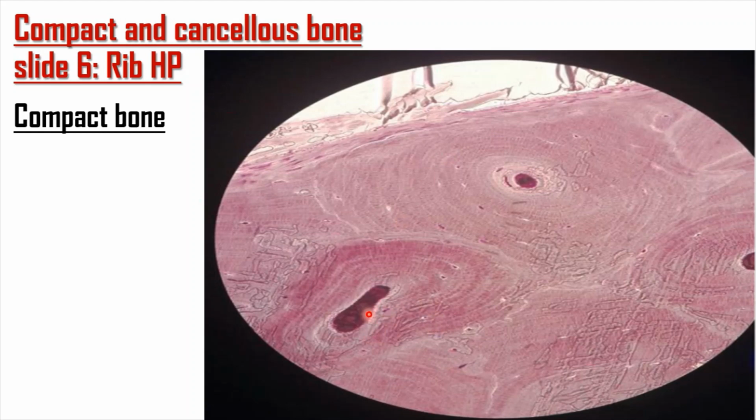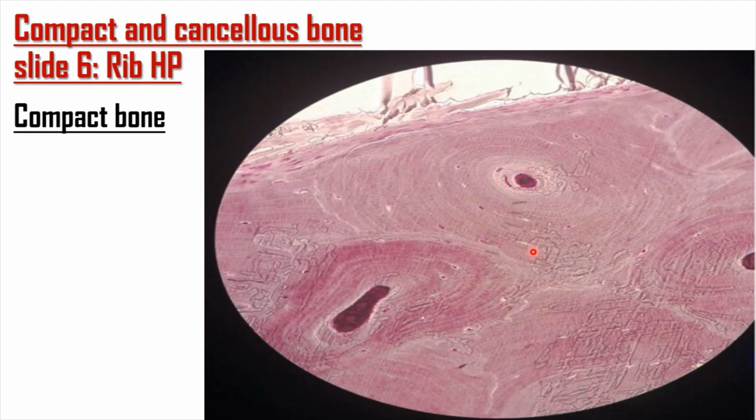In the osteon, you have in the middle here the central canal, and then you have concentric rings here. These concentric rings are known as the Haversian lamellae. Now, in the lamellae, as you can see, this is the central canal, and in the lamellae you have what you see here, here, and here.